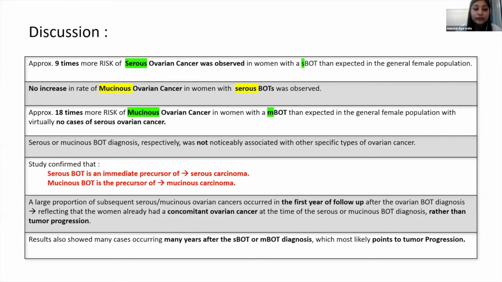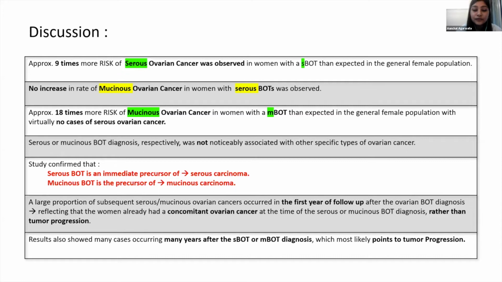There was approximately 18 times more risk of developing mucinous ovarian cancer in women with a mucinous borderline tumor than that expected in the general female population, with virtually no cases of serous ovarian cancer following a mucinous borderline tumor diagnosis. Serous or mucinous borderline tumor diagnosis, respectively, was not noticeably associated with other specific types of ovarian cancer.